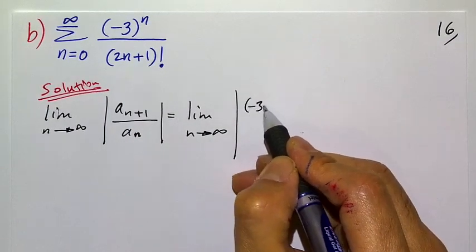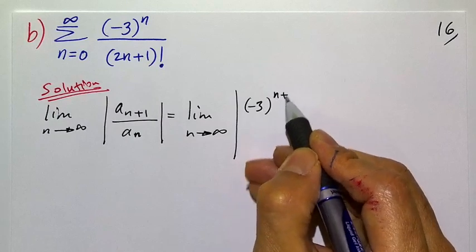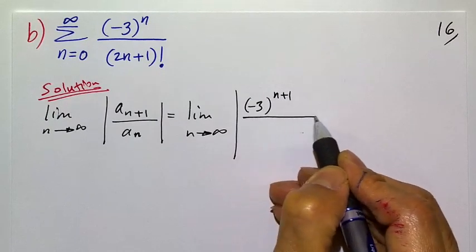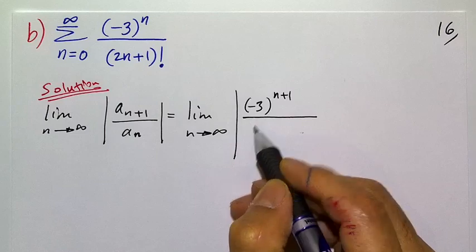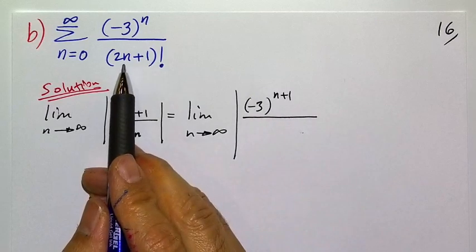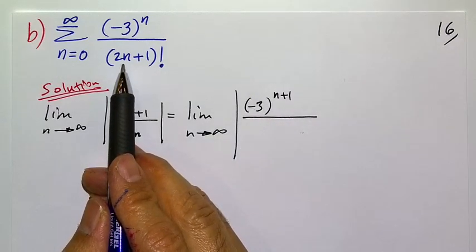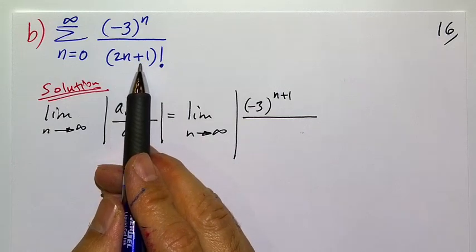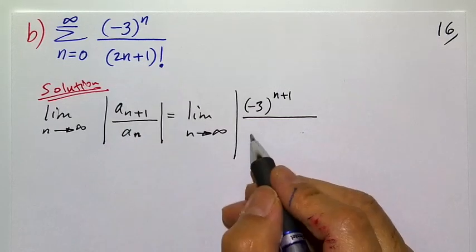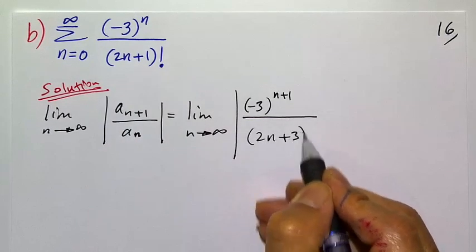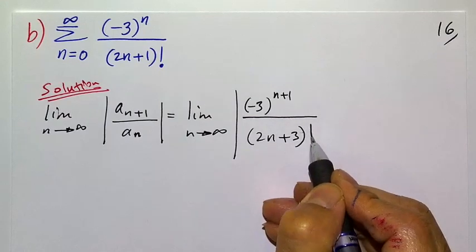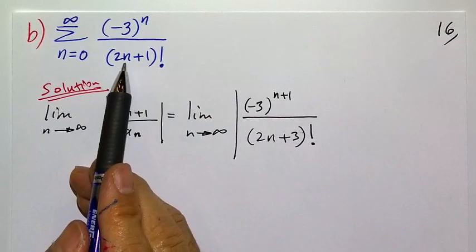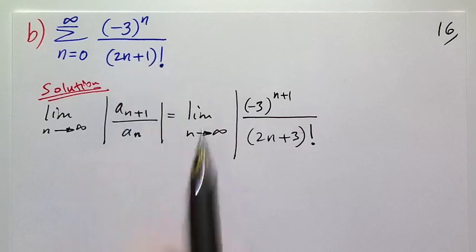So we have minus 3 to the n plus 1 divided by, 2 times n plus 1 will be 2n plus 2, and 2n plus 2 plus 1 is 2n plus 3 factorial. Right? Just substitute n with n plus 1 and then simplify.